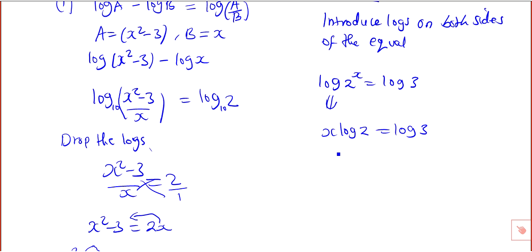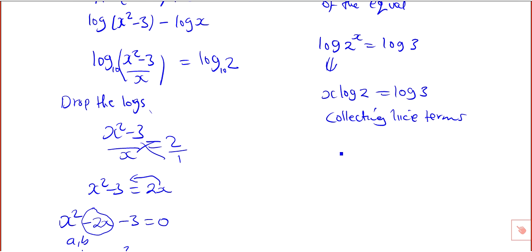And then you can collect like terms. Now collecting like terms, this is what we have. x is equal to log 3. So collecting like terms means you shall divide both sides by log 2.